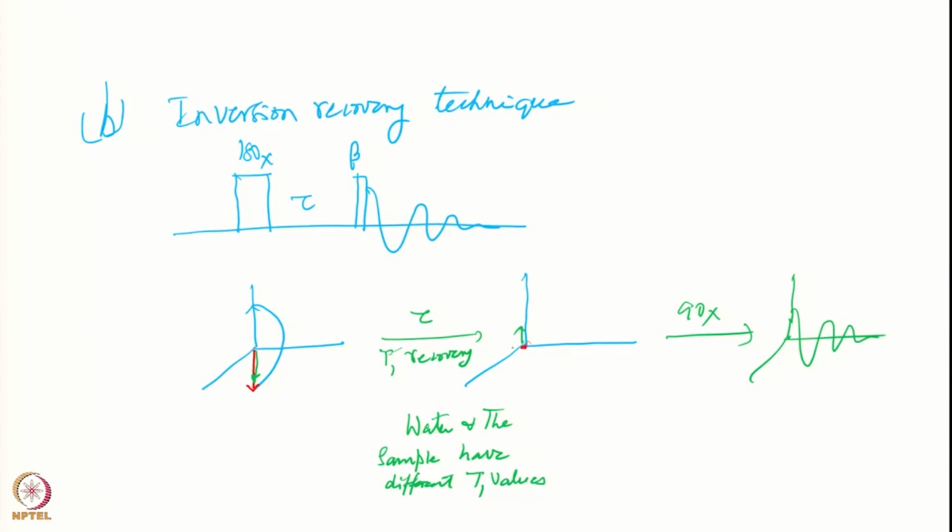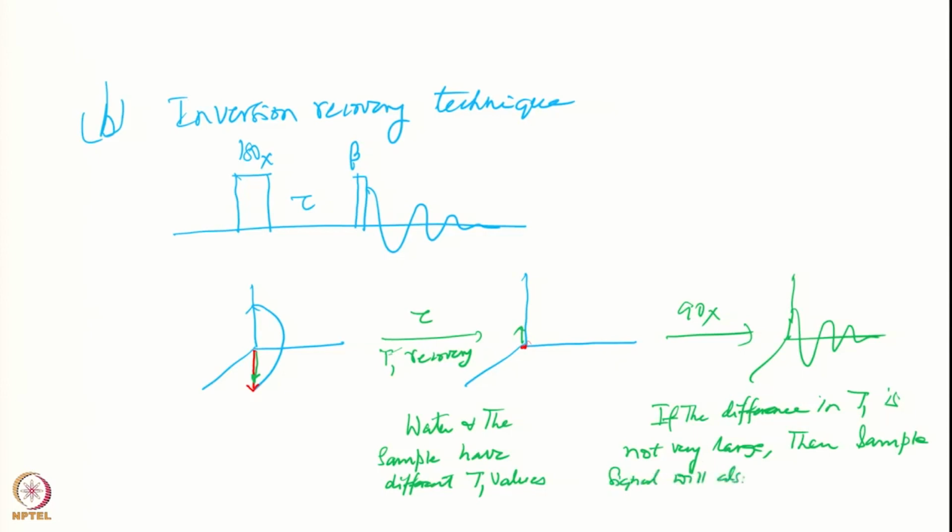So, then you may lose that, and if the difference in T1 is not very large, then your sample signal will also be attenuated.